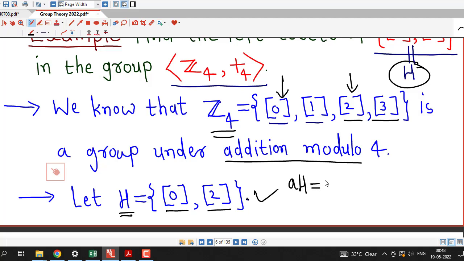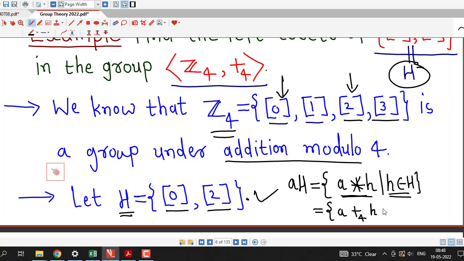Left coset is given by A star H, where H is any element of H, or we have to consider all possible elements H, and then we will construct this A star H. Here the binary operation is addition modulo 4, so this we will replace by this.